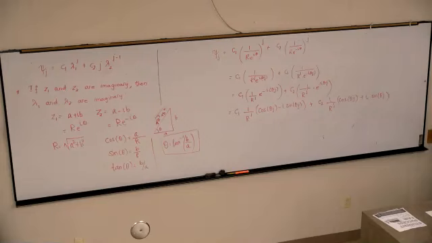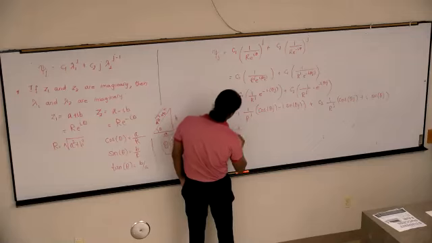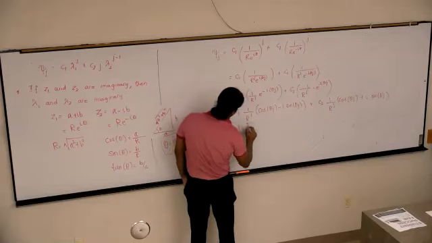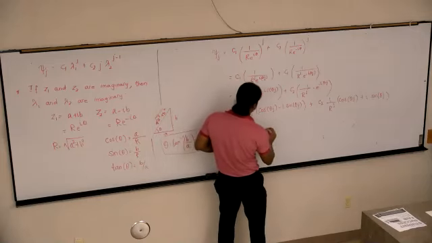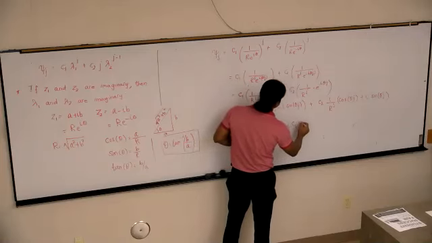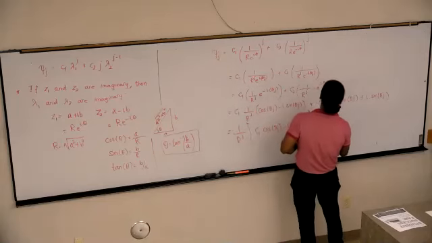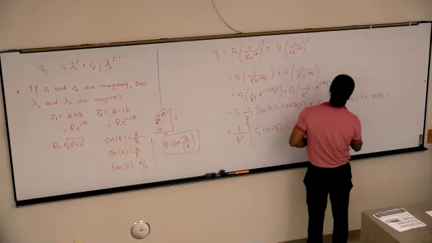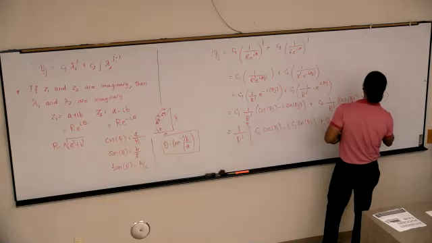What do we have? Well, we have 1 over Rj in common, or R raised j. If I pull that out, I will have C1 cosine theta j minus I C1 sine theta j, plus C2 cosine theta j plus I sine theta j multiplied by C2.